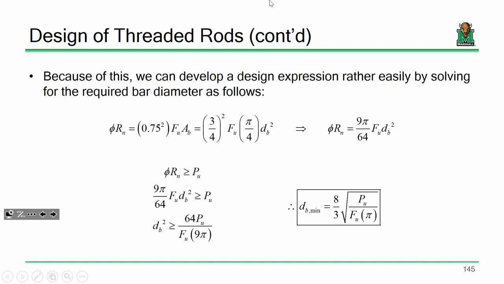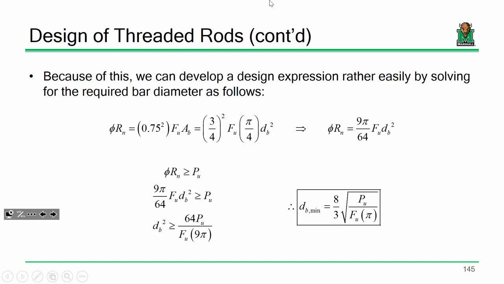I'm in design mode, so I want to solve for the diameter. How do I do that? Well, this design capacity has to be greater than or equal to the factored load. So 9 pi over 64 FU dB squared has to be greater than or equal to the factored load. Rearrange and solve for the diameter. FU goes on the bottom, 9 pi goes on the bottom, 64 goes up top.